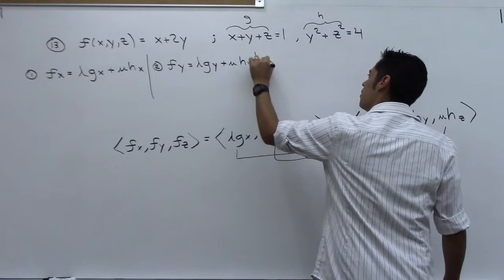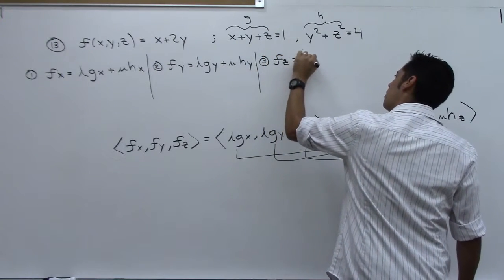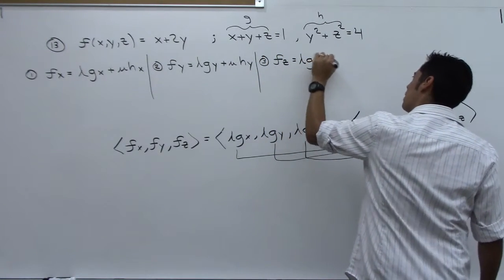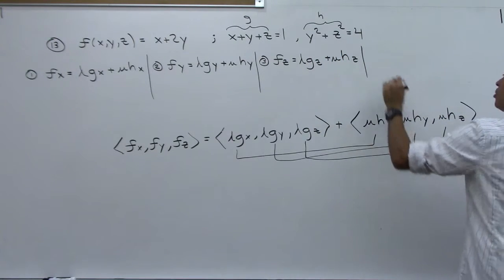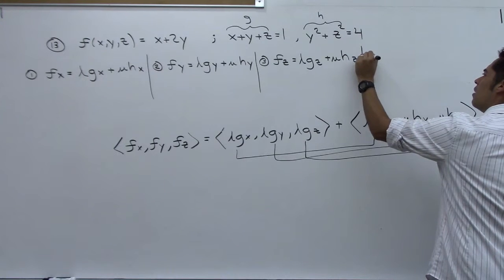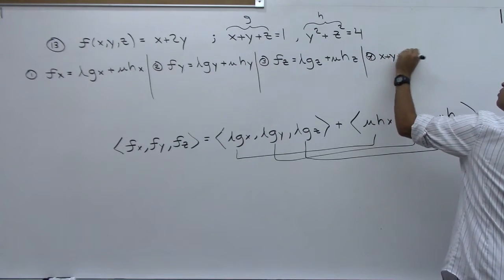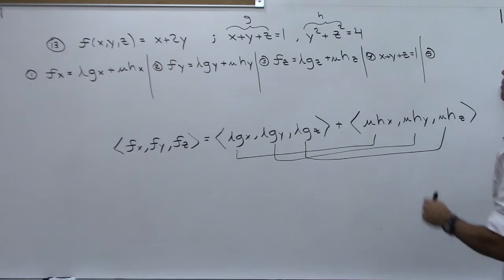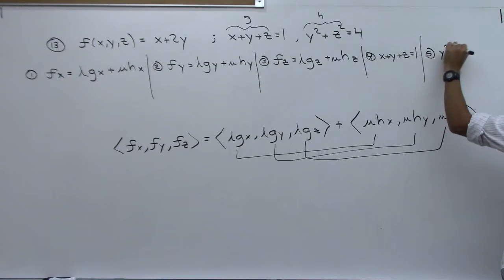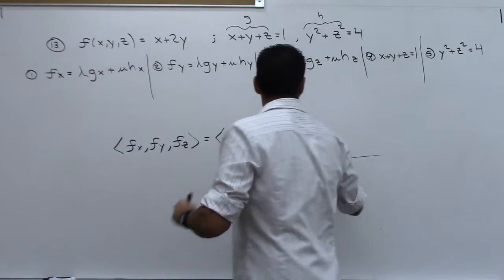And then my third equation is partial f with respect to z must equal lambda partial of g with respect to z plus mu partial h with respect to z. And then my last two equations, equation 4 is x plus y plus z equals 1. And equation 5 is y squared plus z squared equals 4. So I have 5 equations and 5 unknowns.